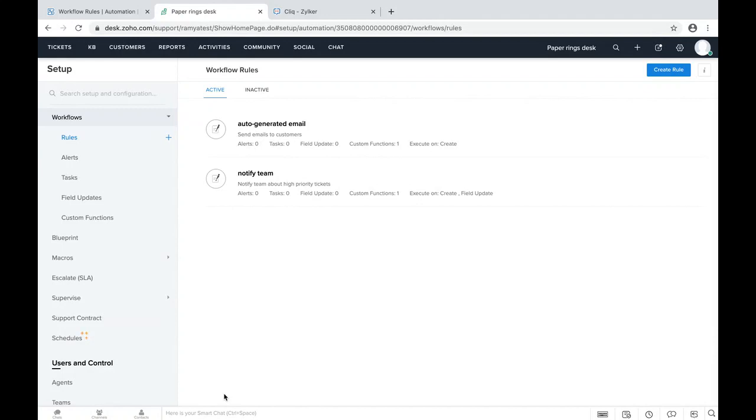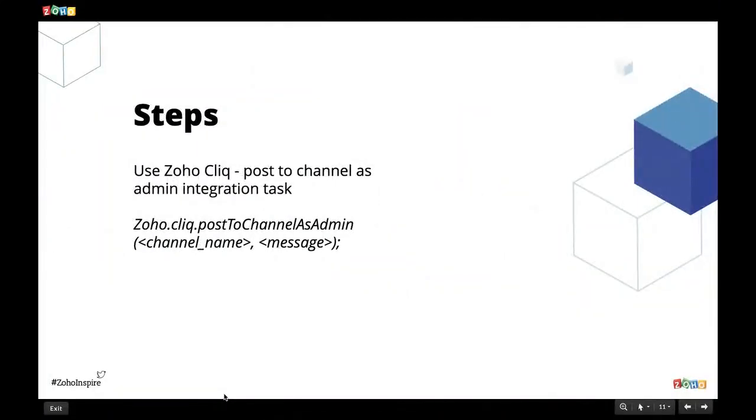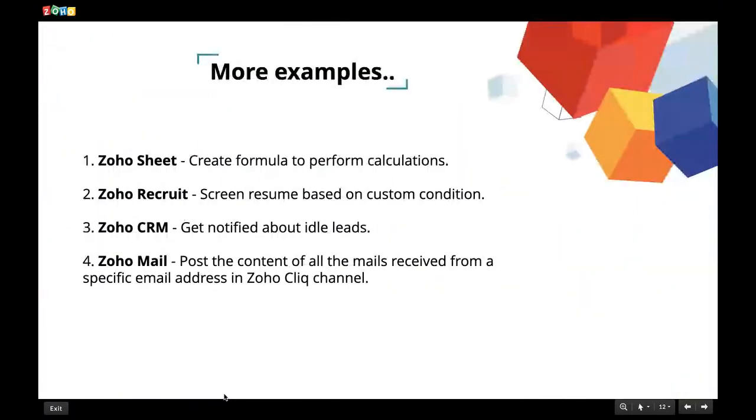So not just Zoho Desk and Zoho Books, you can actually achieve customization, automation, and integration in any Zoho service that supports Deluge editor. So let's consider some of such other use cases. The first example that I've provided here is about Zoho Sheets. So Zoho Sheets is a spreadsheet software where you can create, edit, share sheets online.